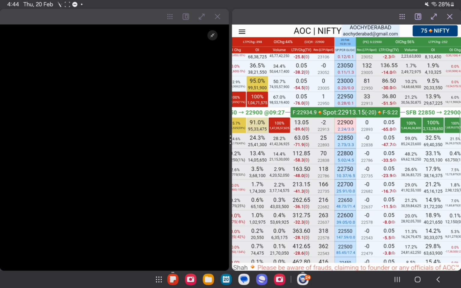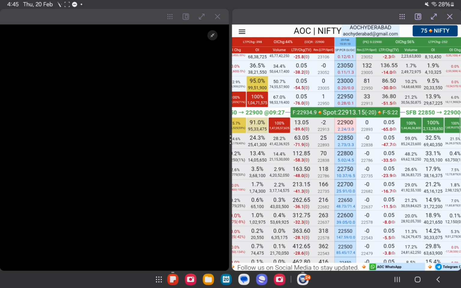The important point is, if the current day's PCR ratio is the same as or below the previous day's closing PCR, the market is likely to be in consolidation or bearish. If the ratio stays above the previous day's closing PCR, then we should look for bullish or long side trades only.